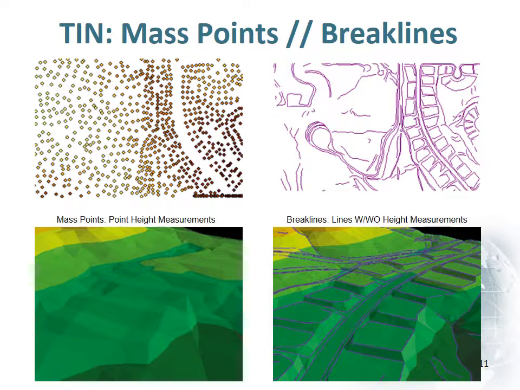So here's a neighborhood that has different parcels, different pieces of property, that have been flattened out in order to receive the houses that are probably on them, the streets that exist between them, and the sidewalks and the driveways. We're using the mass points and break lines of elevation values, and then just geometric features that exist on the landscape, to make the TIN more closely represent what it actually looks like.